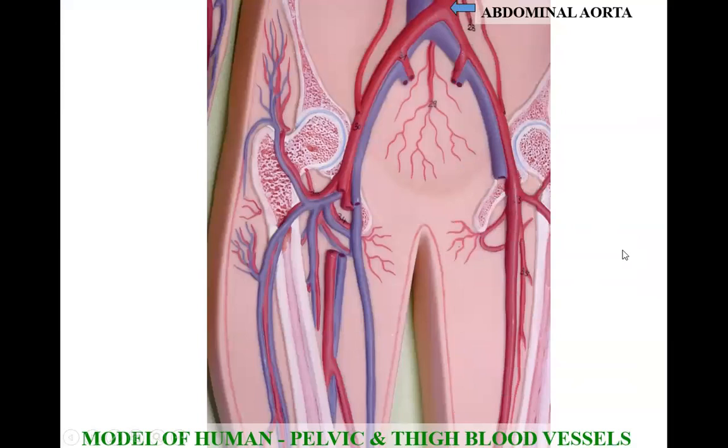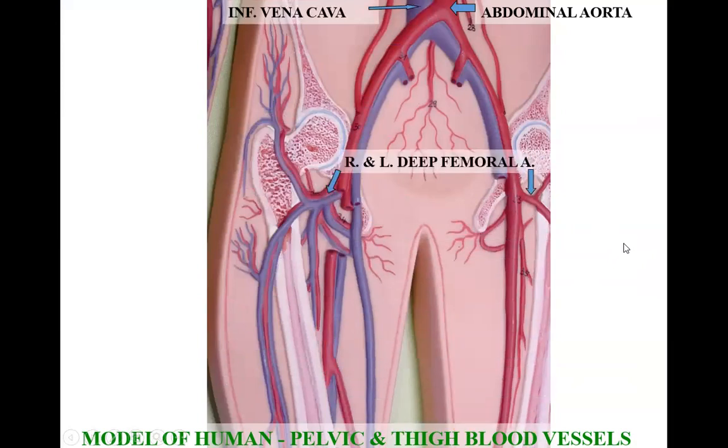Okay, now a close-up of some more arteries in the leg. The abdominal aorta divides again into the common iliacs. Now we see in our leg what's known as the deep femoral artery. Not to be confused with the femoral artery. The femoral artery is a large artery that runs down along the inside surface of your leg, right in here on each side.